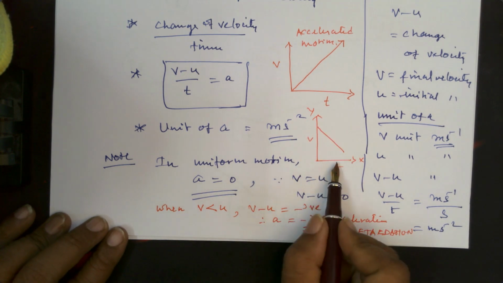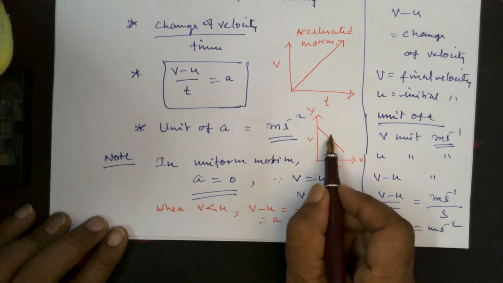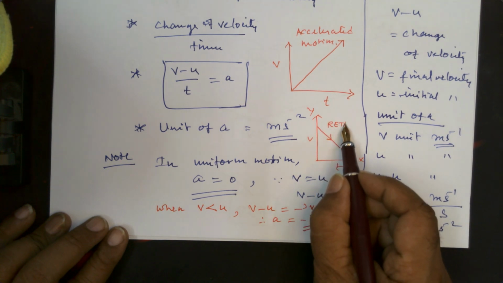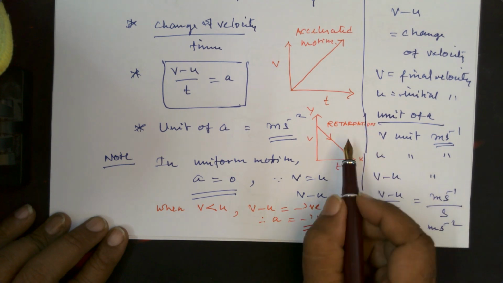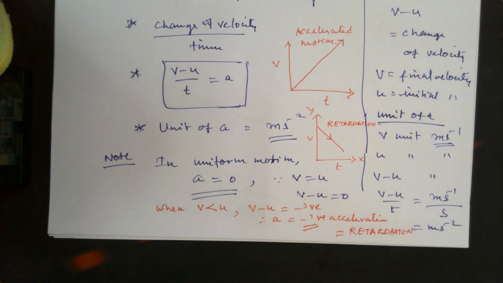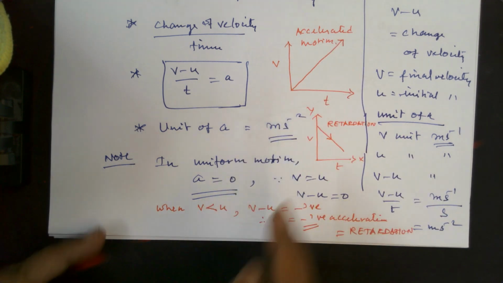So with the increase of time, the velocity comes down. Therefore, this is called retardation, that is negative acceleration or retarded motion. But it is a uniform acceleration in both the cases.